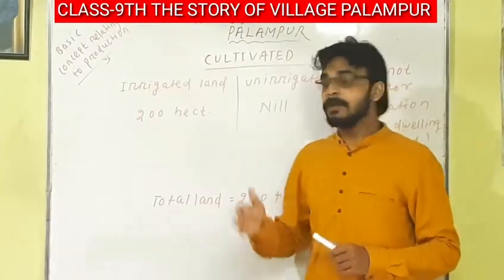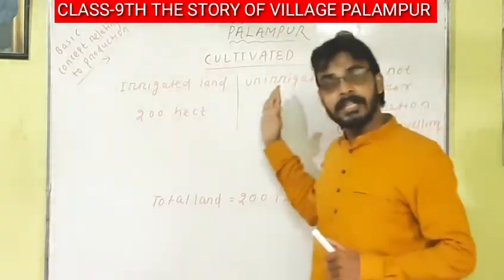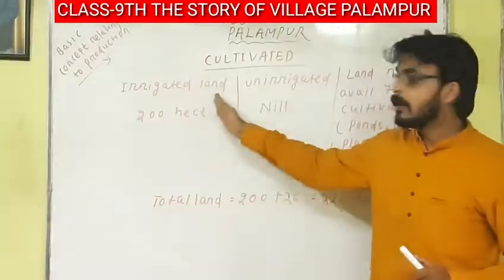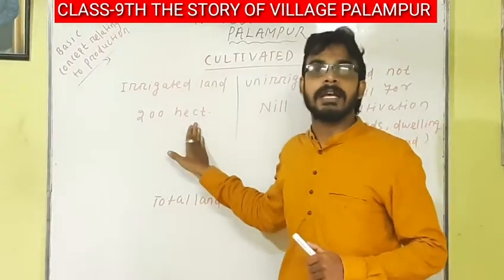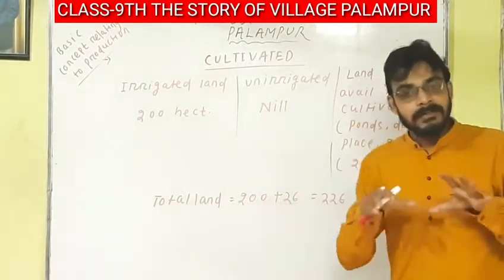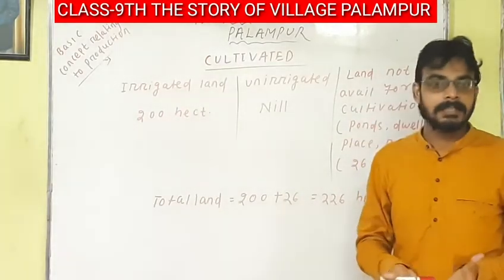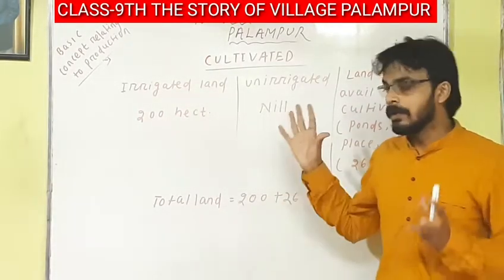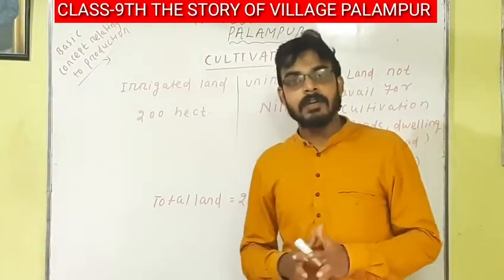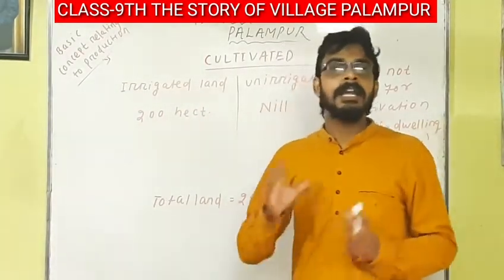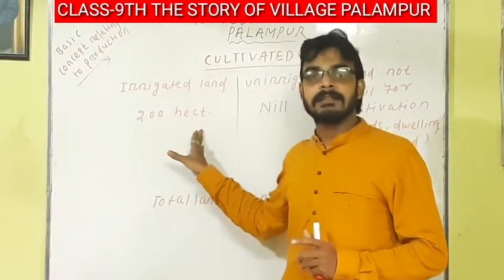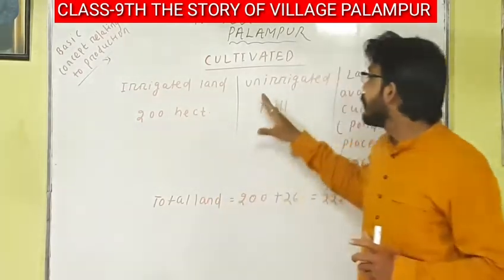Next, the portion of land that is cultivated or uncultivated. Irrigated land is 200 hectares, which is used for agricultural activities. People who live in villages mostly depend upon agricultural activities, and probably in Palampur too, most of the people depend upon agriculture. That's why most of the land, 200 hectares, is used by the people.